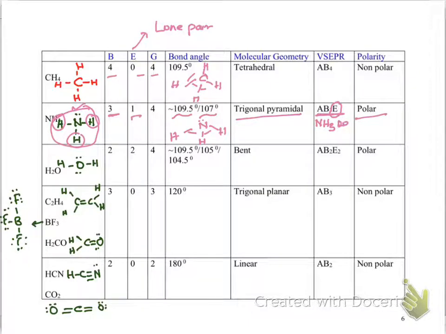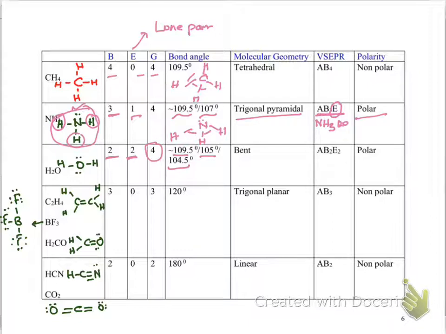Let's take another example, H2O. We have two atoms bonded to the central atom, two lone pairs on the central atom, and it is 4. 2 plus 2 is 4. So your homework site will pick the angle 104.5, but any of these options are correct, approximately 109.5 or 105 or 104.5.